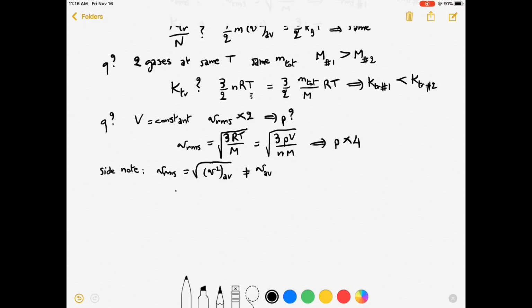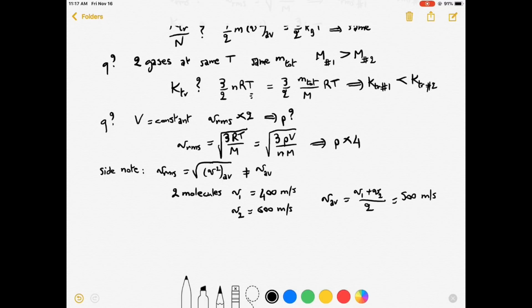If you want to be convinced of this, you can just calculate. Let's say you have only 2 molecules, V1 of 400 meters per second and V2 of 600 meters per second. Then I can calculate the average very quickly. The average will be V1 plus V2 over 2, and that will be 500 meters per second. On the other hand, the RMS speed will be given by the square root of V1 squared plus V2 squared over 2.